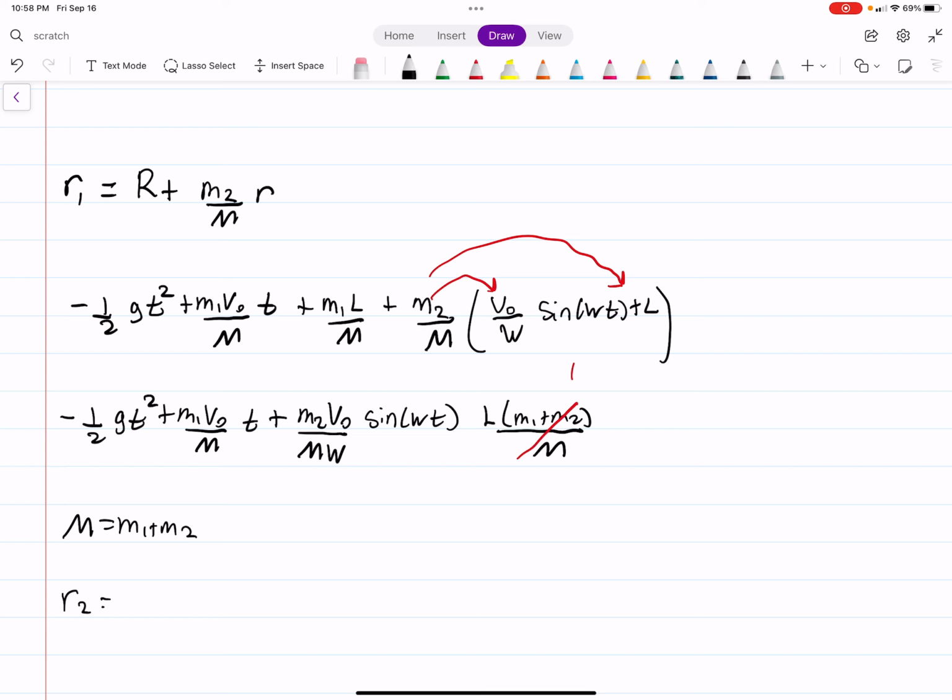And then R2 is the exact same thing, only it's minus m1 over M r.